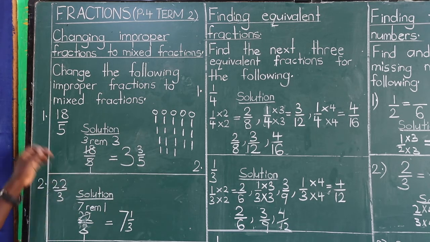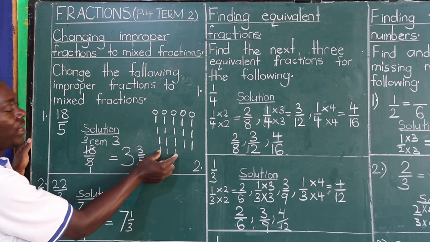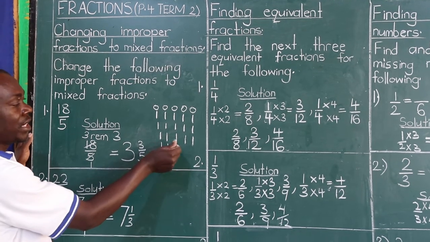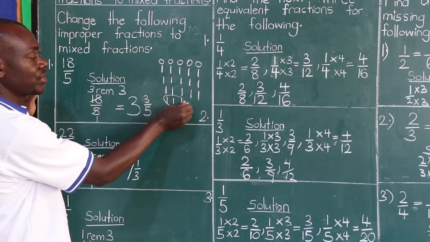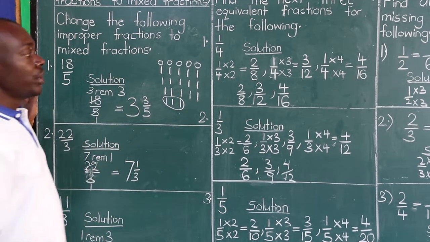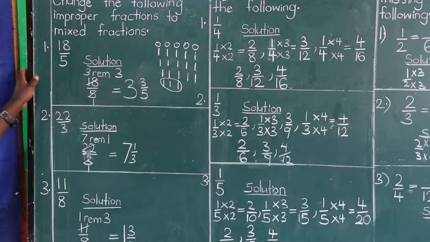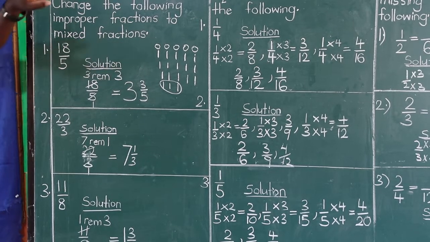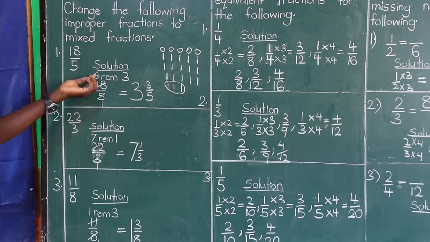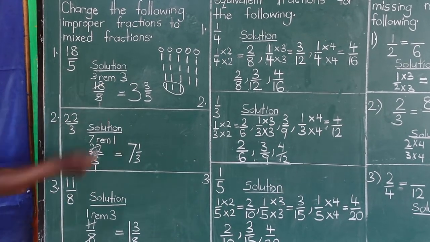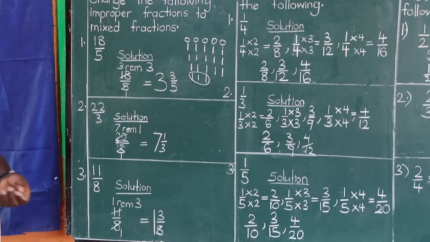So let's see what each gets. You will find out that these are not evenly distributed. So these are remainders. So each of them gets 1, 2, 3, remainder 3. Each of them gets 3 and 3 remain undivided.